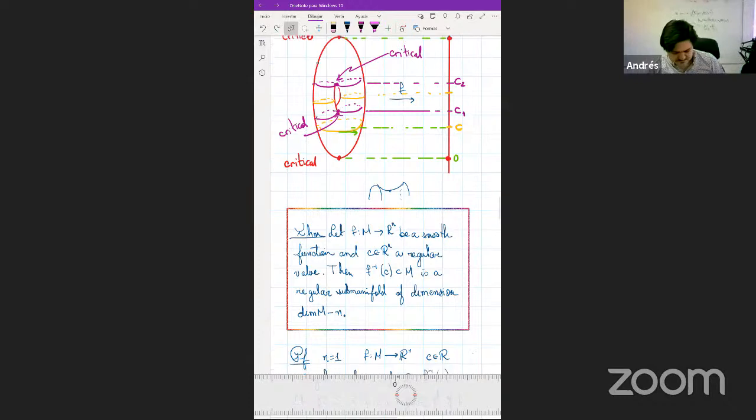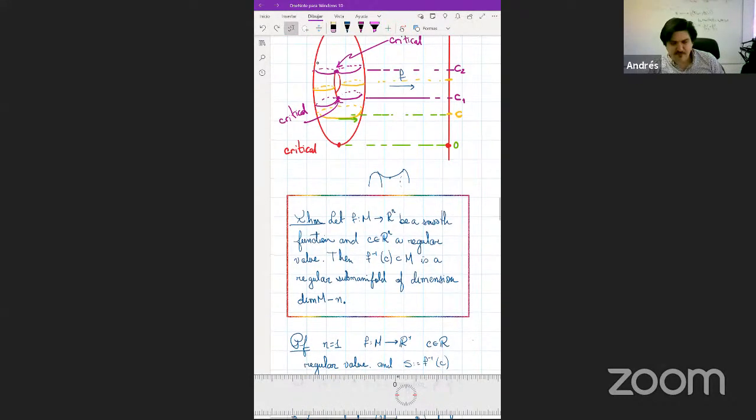So I take a regular value, and I want to see that the preimage S, which is inside of M, is a regular submanifold. So far, for a regular submanifold, we only have the definition.